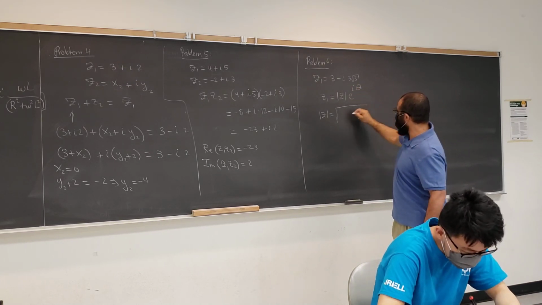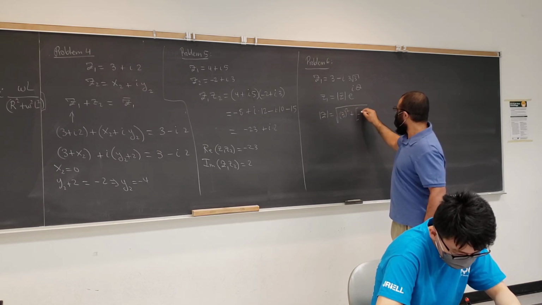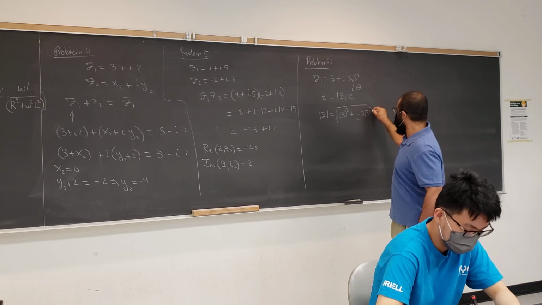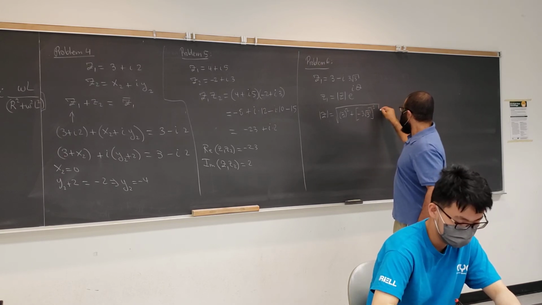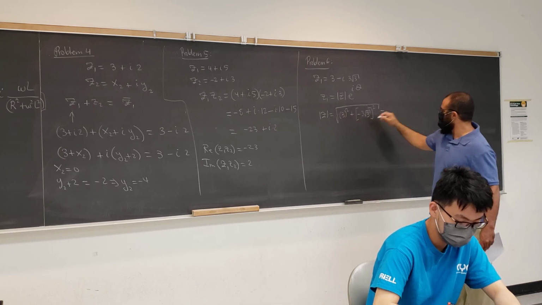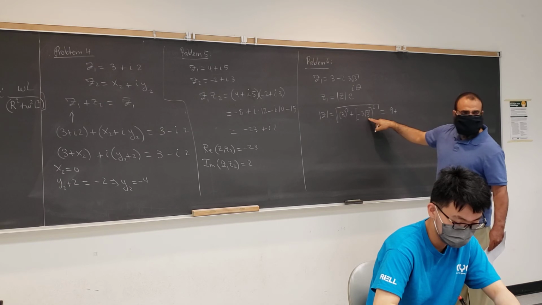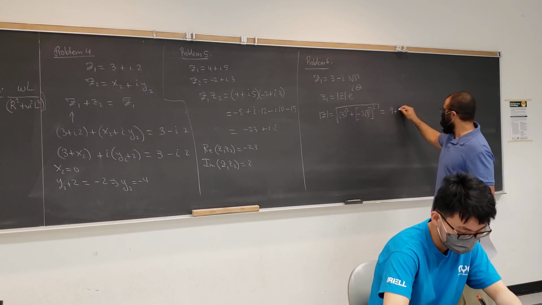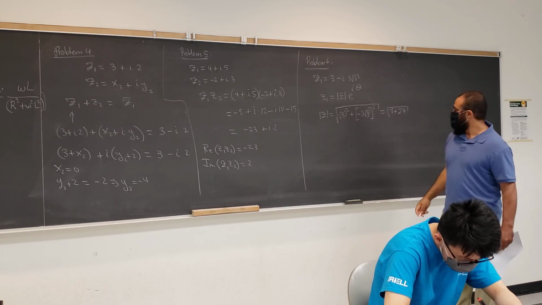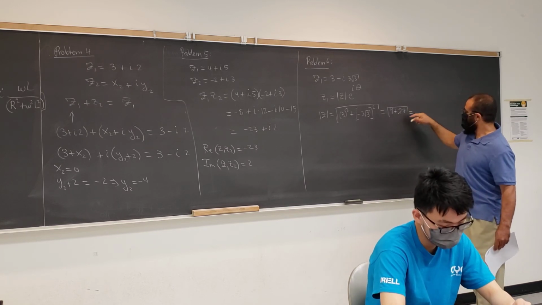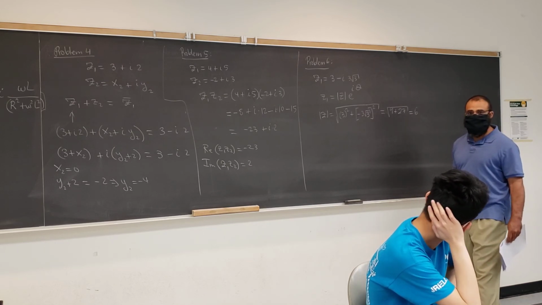It would be 3 squared plus minus 3 square root of 3, the whole thing squared. 3 squared is 9, plus 9 times 3, 27, so 36. The square root is 6. So the magnitude would be 6. Okay.